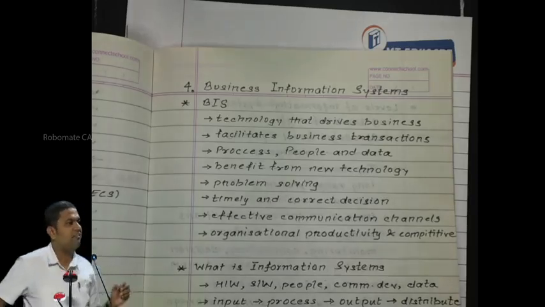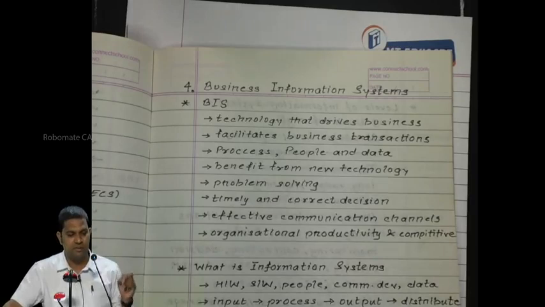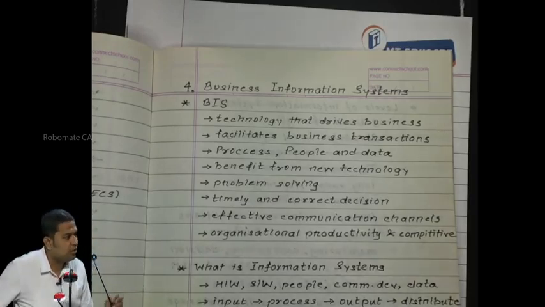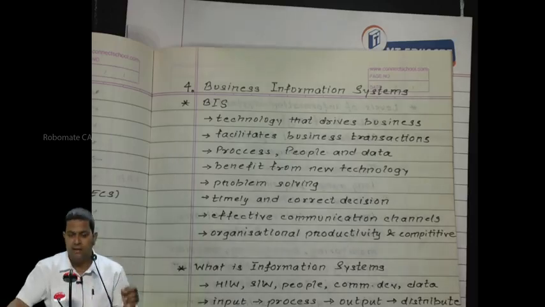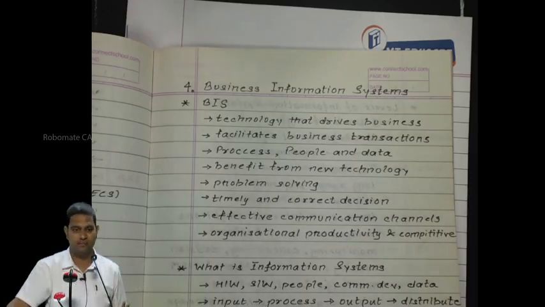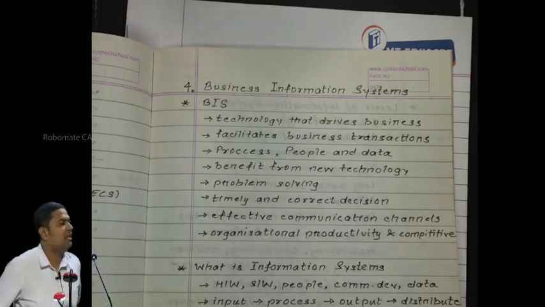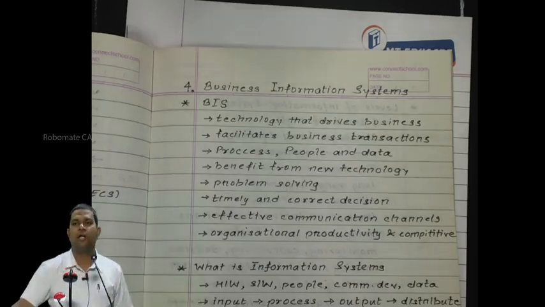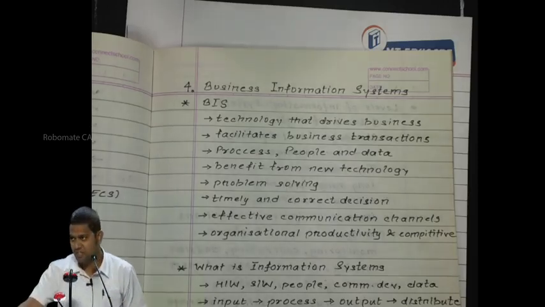If you require information for running your business smoothly, there has to be some provision made so that you are getting this information quickly, easily, efficiently. And for that, we are designing a system, and that is called a business information system.